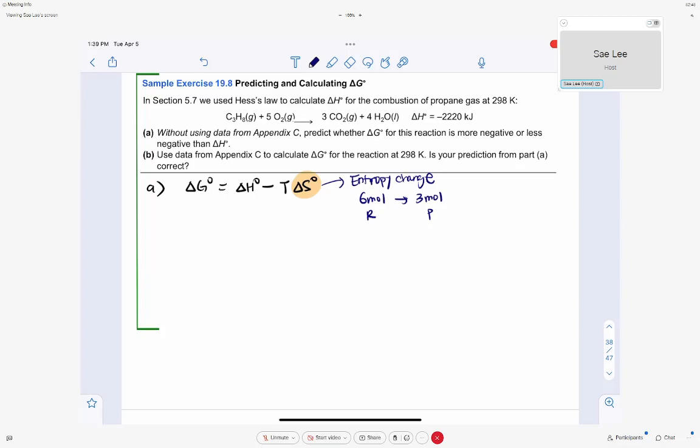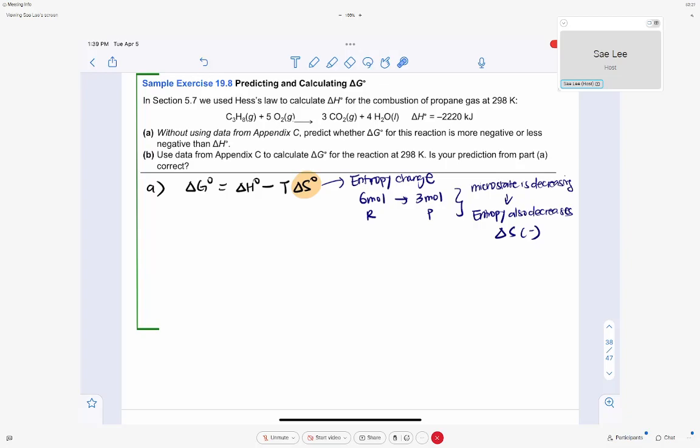Is the number of microstates increasing or decreasing? Because you are decreasing the number of moles of gas, the microstates are decreasing. If the possible arrangements of atoms are decreasing, then entropy also decreases. The delta S value is going to be negative.